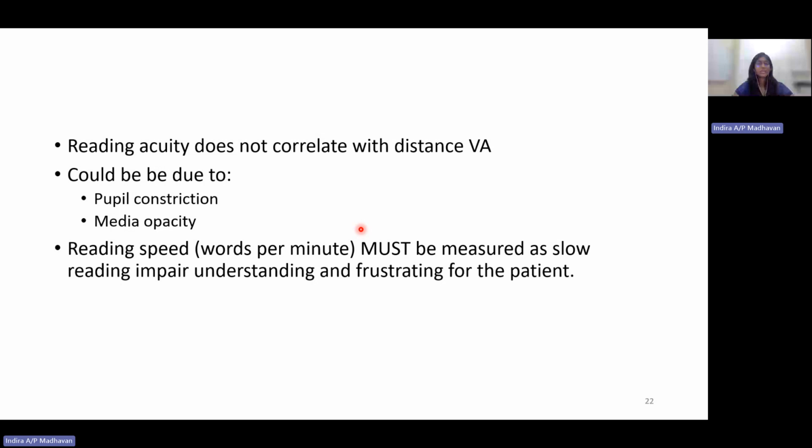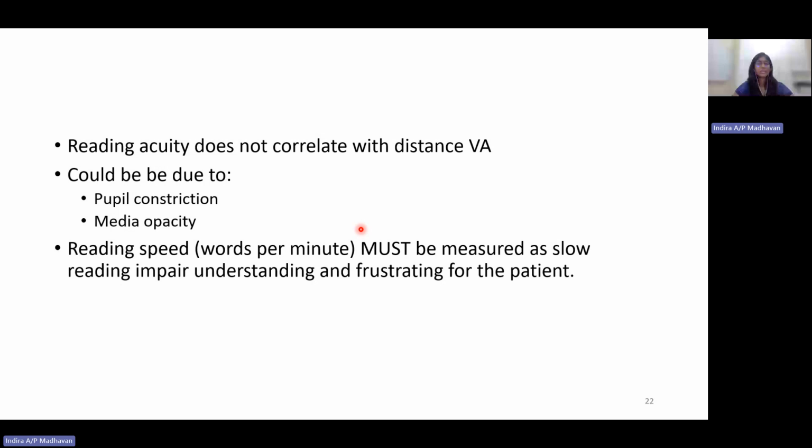And another thing, usually when it comes to near VA measurement, the measurement is only the VA recording.